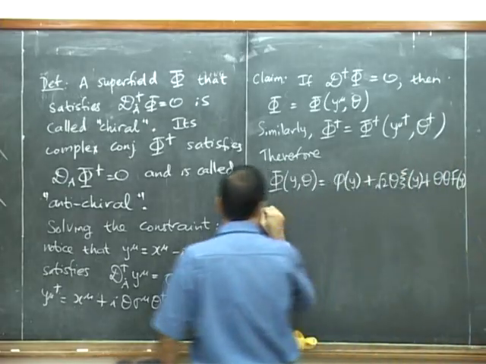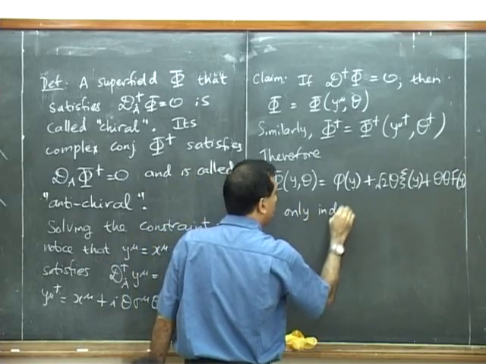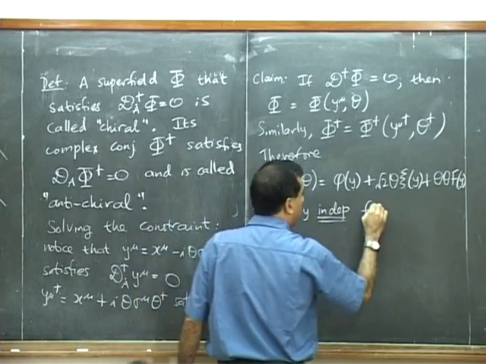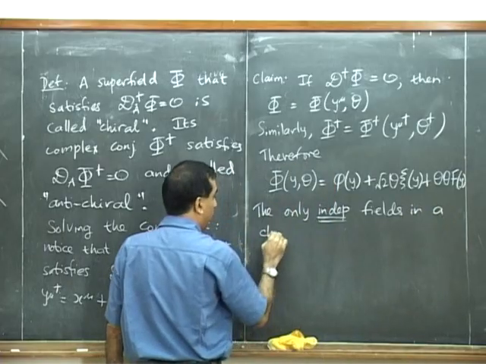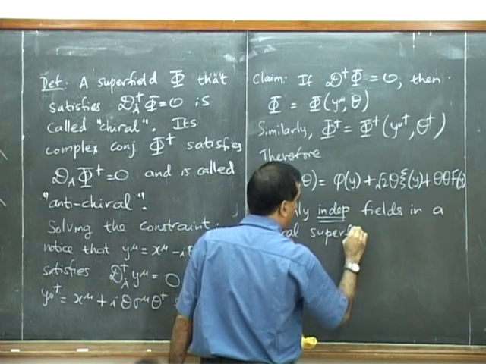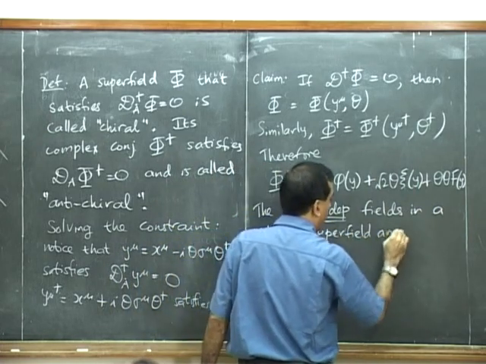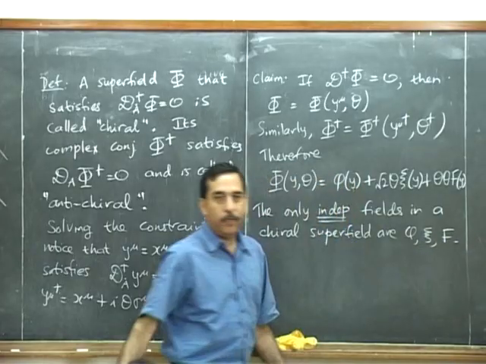So we have indeed achieved that the only independent fields in a chiral superfield are phi, psi and f.